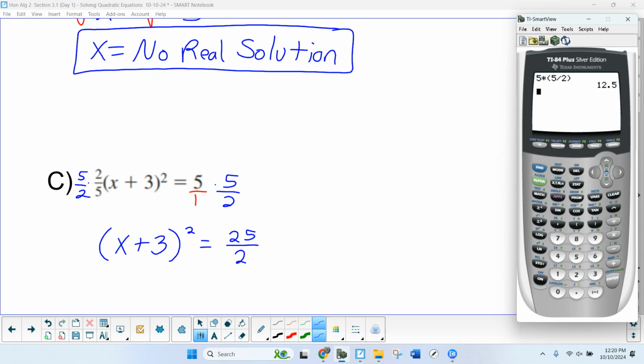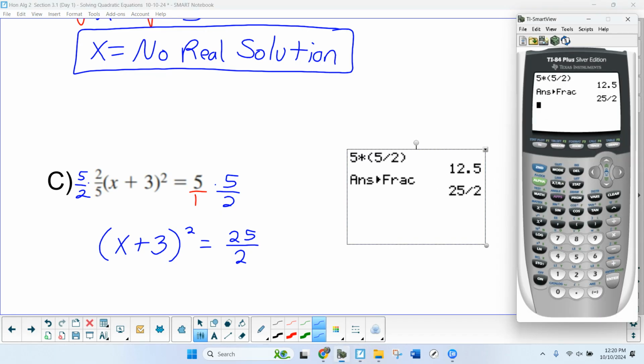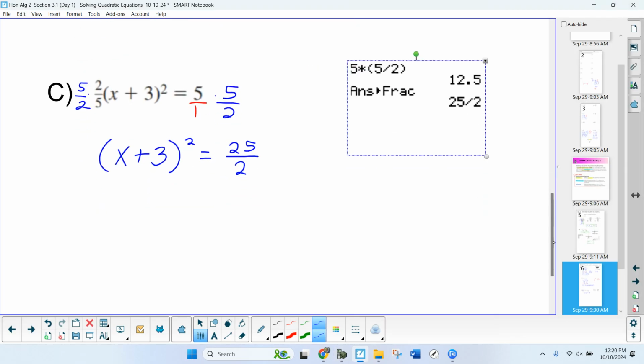And when it gives you 12.5, you know you can't have decimals in this chapter, so you're going to go math to a fraction. 5 times 5 halves is 5 divided by 2. Hit enter, and then under math, the first thing you see is answer to a fraction, and it takes you to 25 halves.